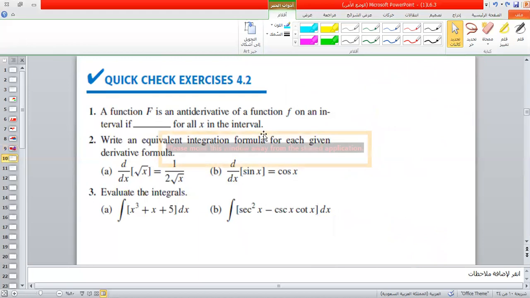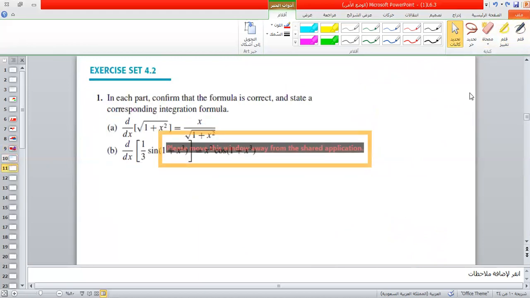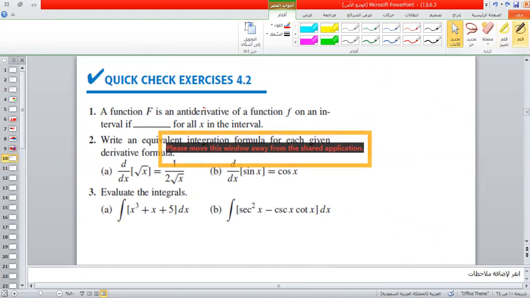We will start here, guys, to find the integral of some questions. The first one, quick check exercise 4.2.